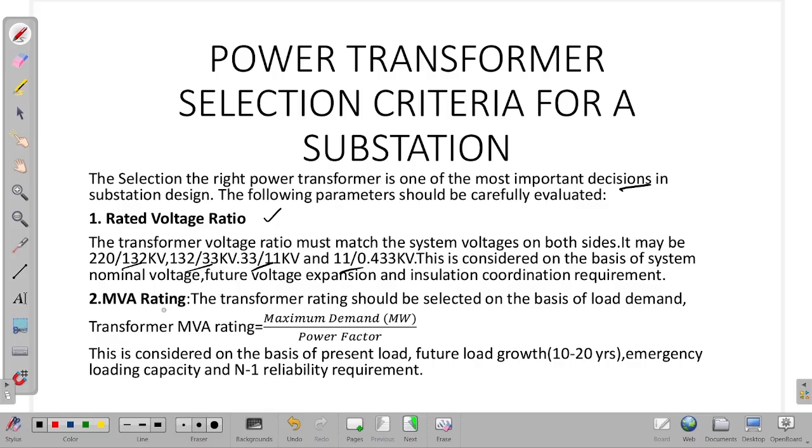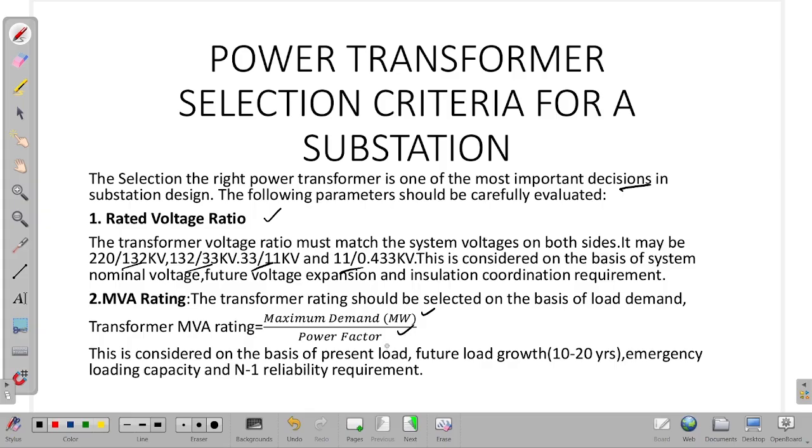Second one is your MVA rating. The transformer rating should be selected on the basis of the load demand. The capacity of the transformer in MVA is the maximum demand in megawatt divided by the power factor.